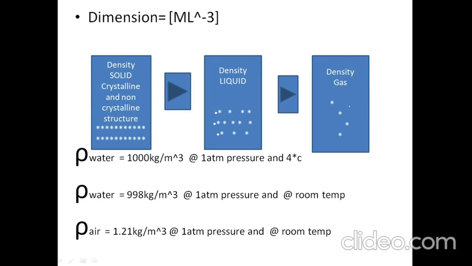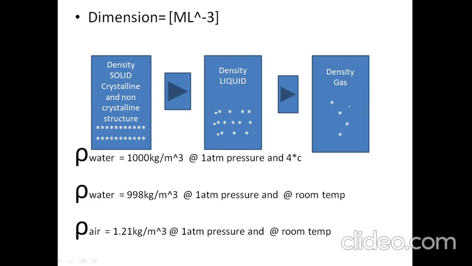In case of liquid, molecules are not closely packed, so there are fewer molecules inside the container. In case of gas, molecules are not closely packed and not in an ordered manner. That's why it has the least number of molecules inside the container.